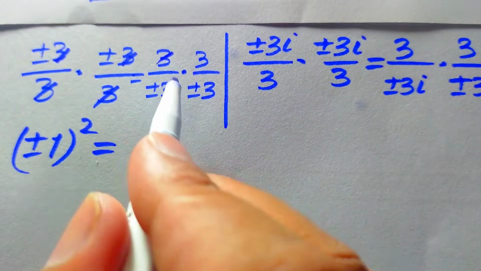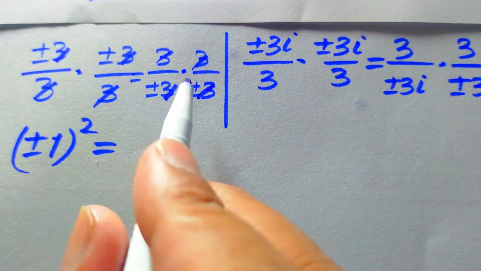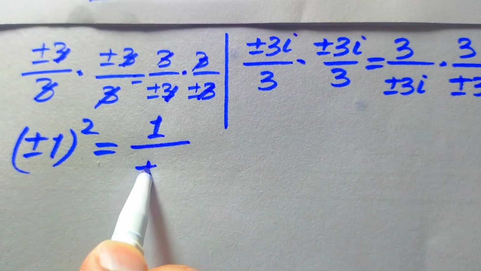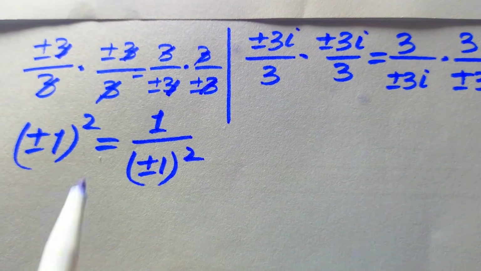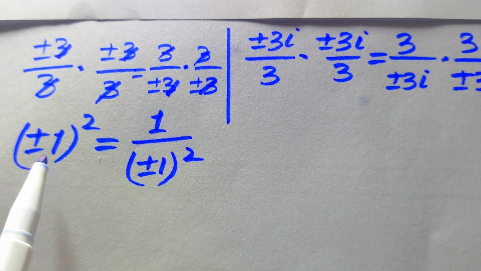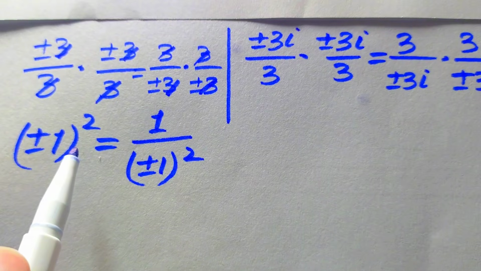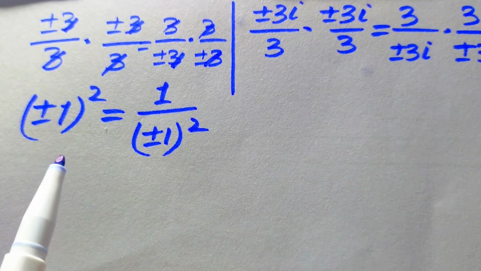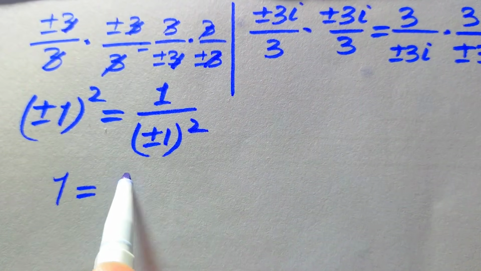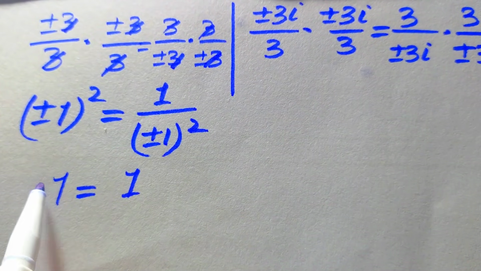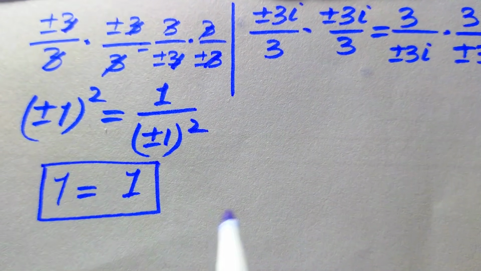In the same pattern, we get 1 divided by (plus or minus 1) squared in the denominator. We know that when the base is negative and its exponent is an even number, this gives a positive answer. So the left hand side gives positive one, and the right hand side also gives a positive answer. So we get 1 only.